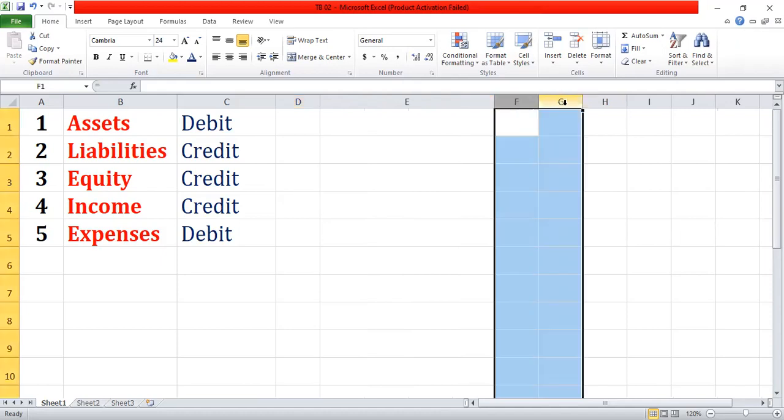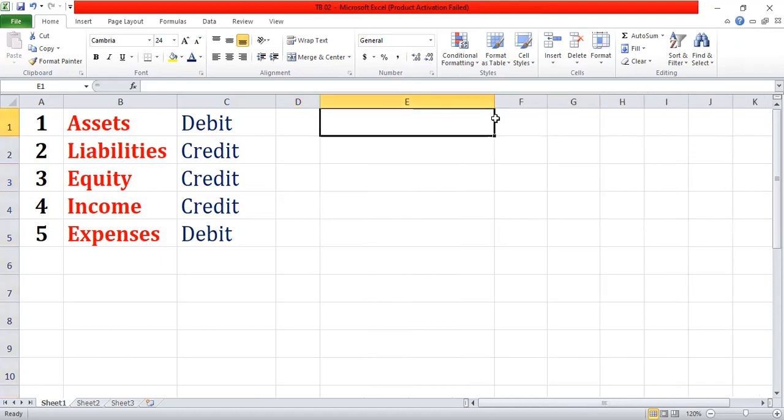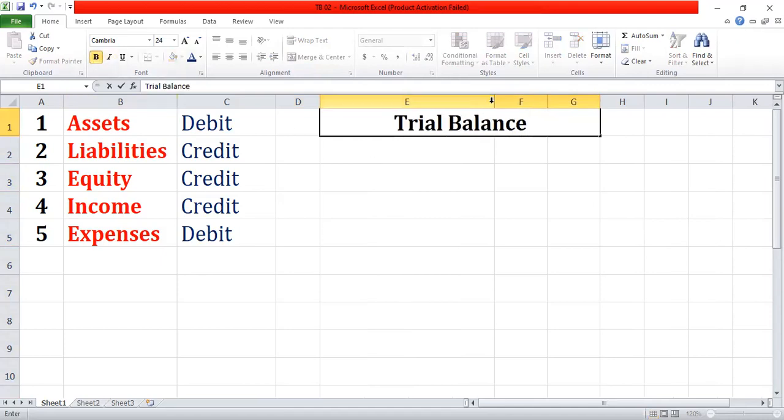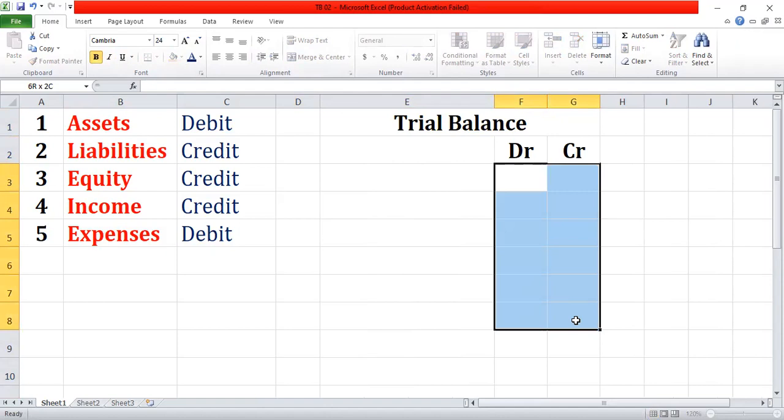it is a statement with 2 sides, 2 columns. Right? If I draw this as the trial balance, this trial balance has 2 columns. Once again, it is not an account, but it has two columns, a debit column and a credit column.